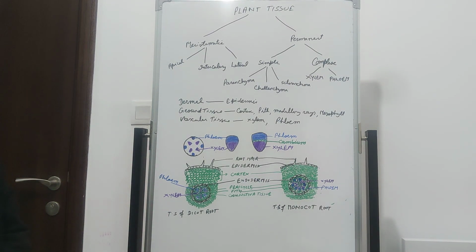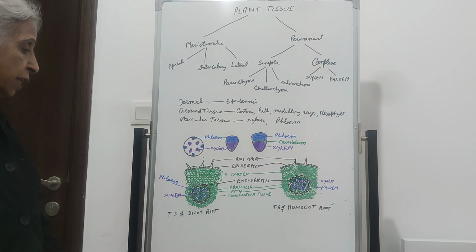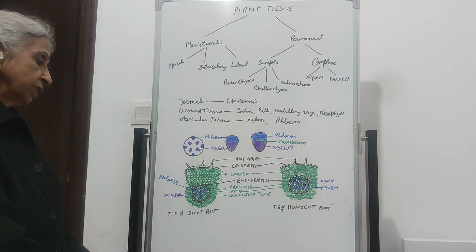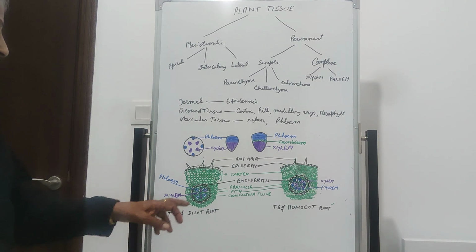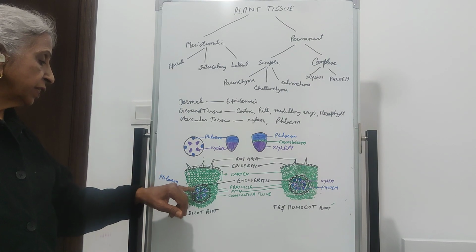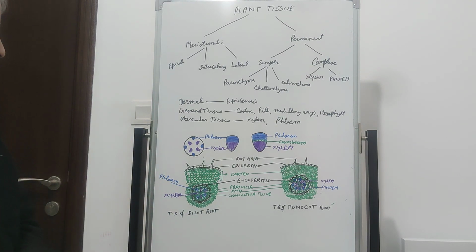Inner to the endodermis are 2 to 3 layers of parenchymatous cells which form the pericycle, and below the pericycle are the vascular bundles, xylem and phloem, arranged in an alternate manner on different radii, as radial vascular bundles. Xylem is towards the inner side and phloem towards the outer side.